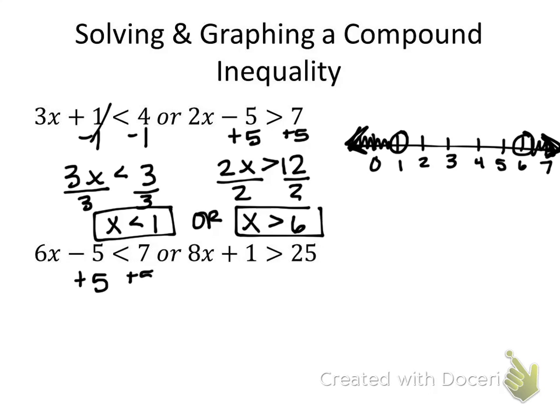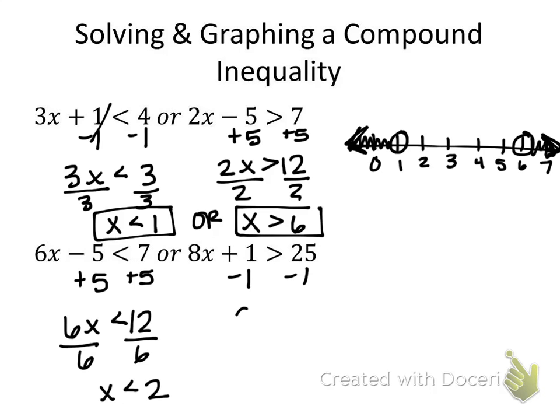So I add 5 to both sides, and I get 6x is less than 12. Divide by 6, and I get x is less than 2. Solve this next one. 8x is greater than 24. Divide by 8, and x is greater than 3.